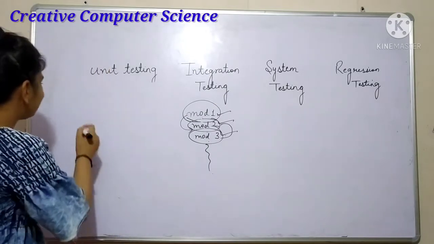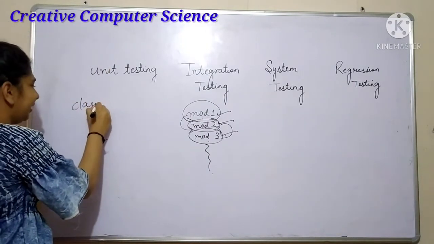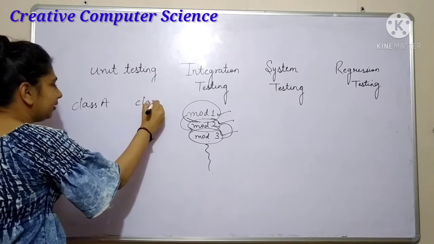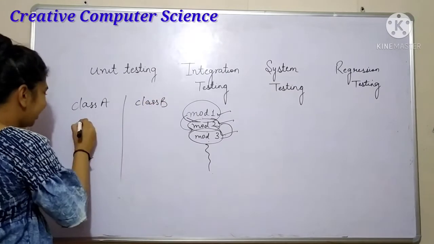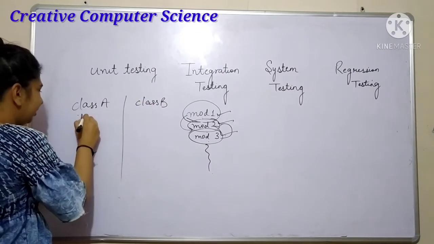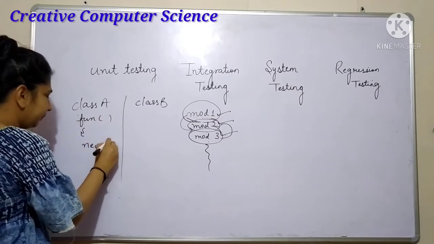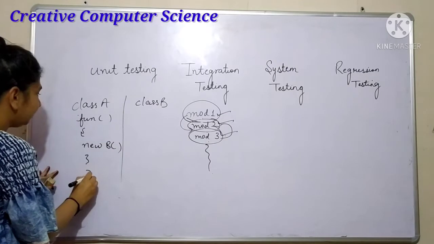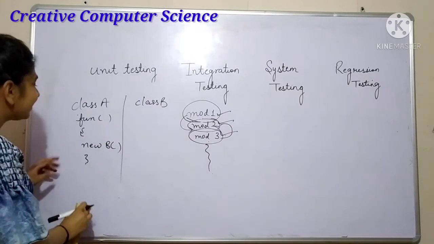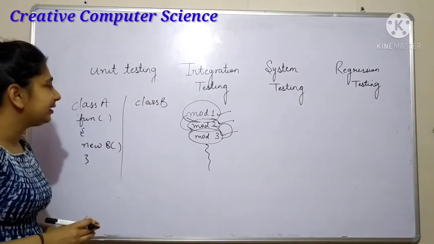Like in this case, we have class A, and let's suppose there is some function in it that is invoking class B. So in this case, this is an integration testing.